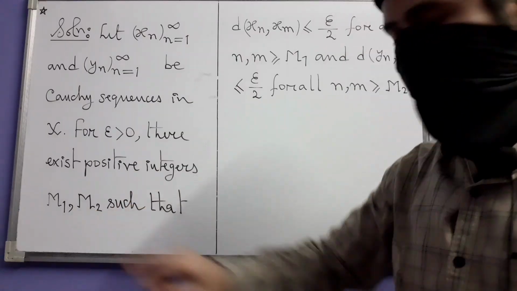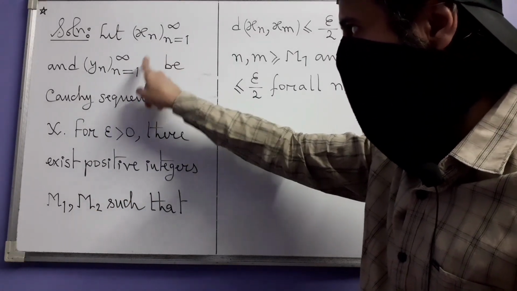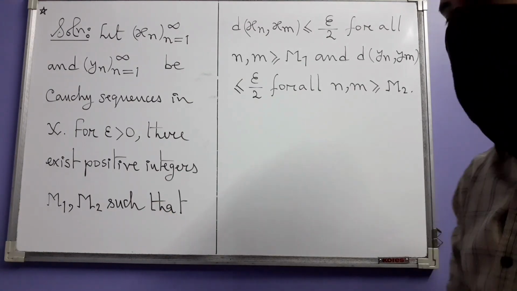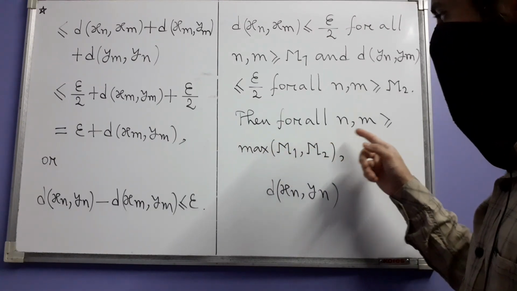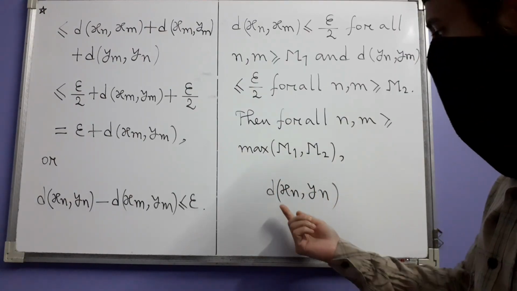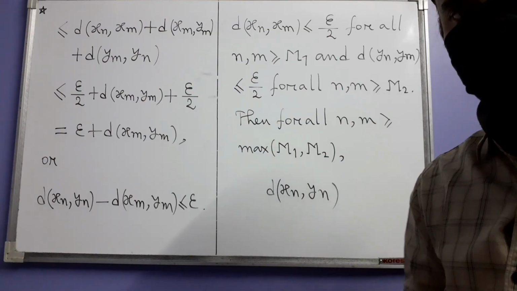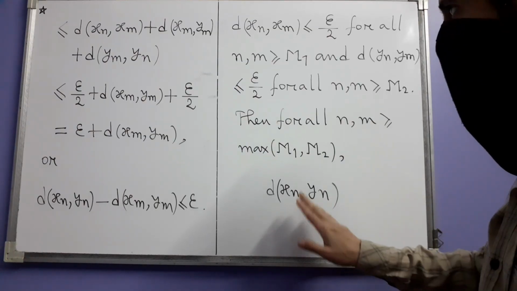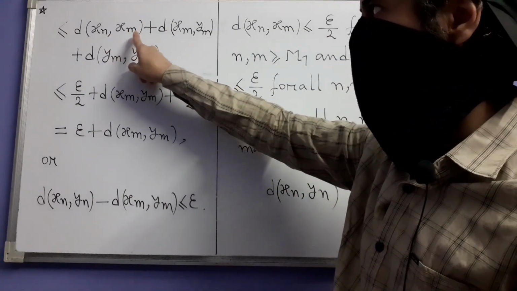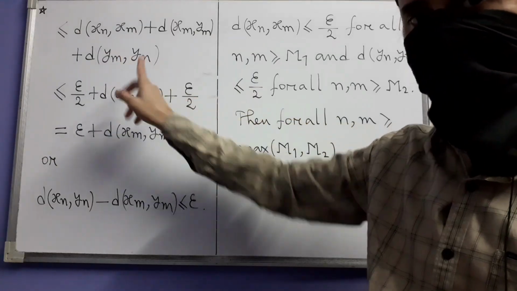Why positive integers? That is because the indices of these sequences start from 1. They vary over the set of positive integers. Then for all n and m greater than or equal to the maximum of m1 and m2, say we consider the distance between xn and yn, and let's see what we get. By triangle inequality, this is less than or equal to d(xn, xm) plus d(xm, ym) plus d(ym, yn).